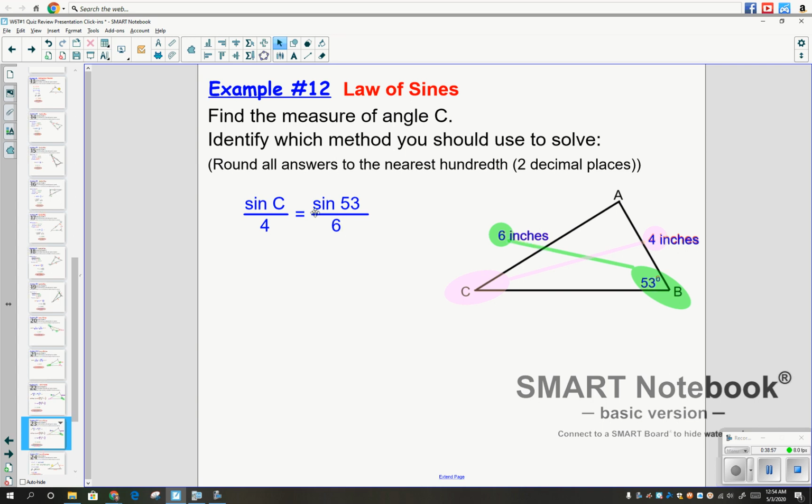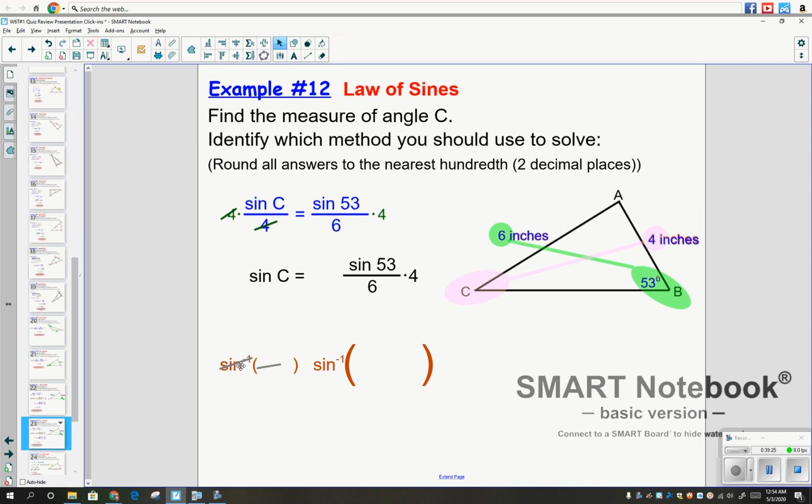Let's clear fractions. Multiply both sides by 4. They'll cancel out. On the left side, I get sine of C equals the ratio of sine of 53 divided by 6 times 4.